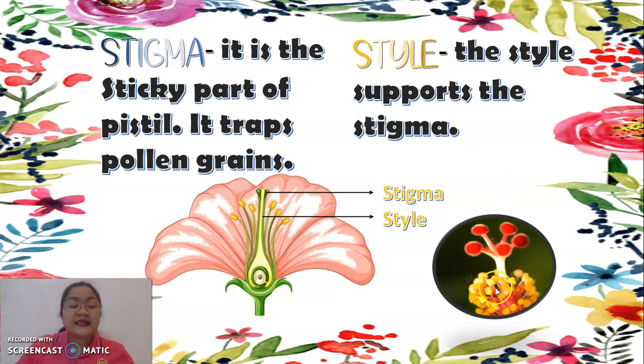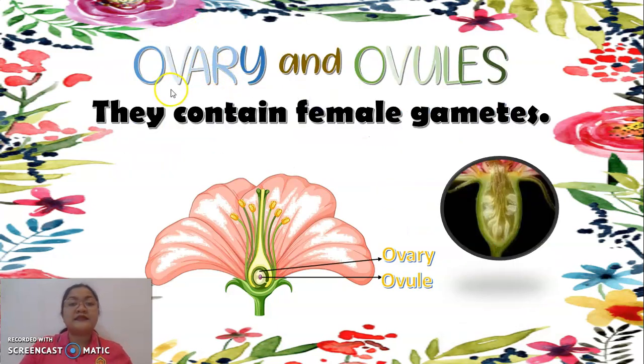Just like the filament, the responsibility of the style is to support the stigma. And the last one is ovary and ovules.